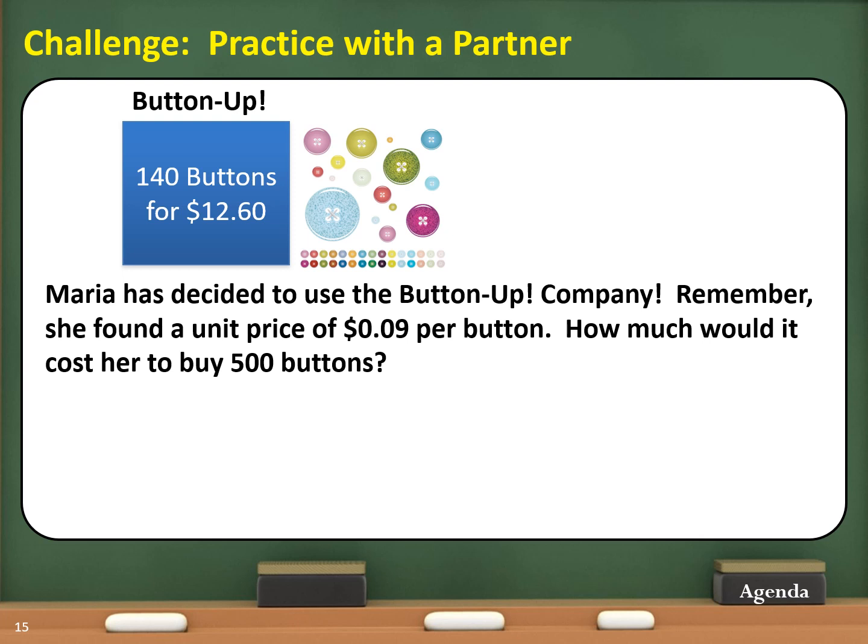What do we have to do? Addition, subtraction, multiplication, or division? Yes, we have to multiply because we know one unit price and we have to find out the price of 500 buttons. Simply multiply. So it comes to $45.